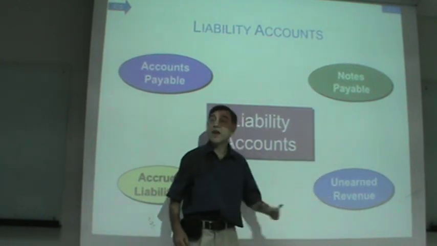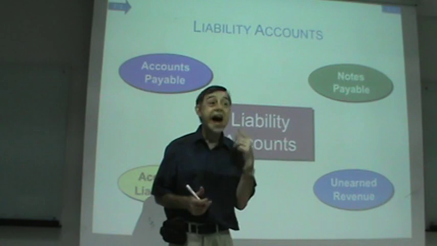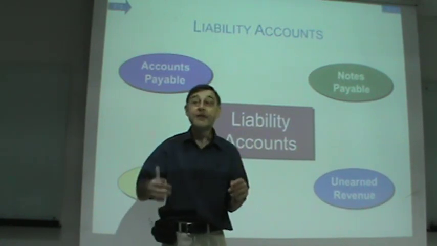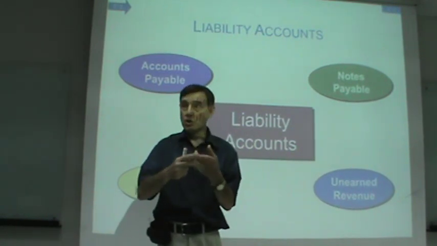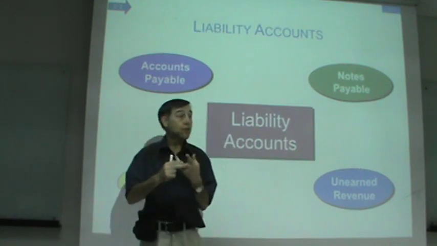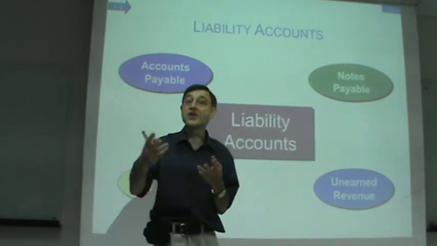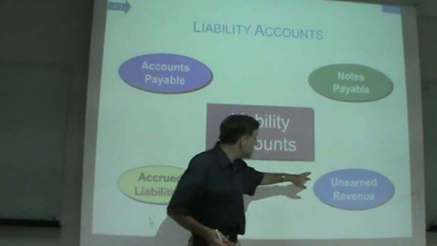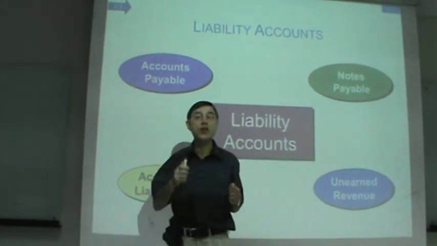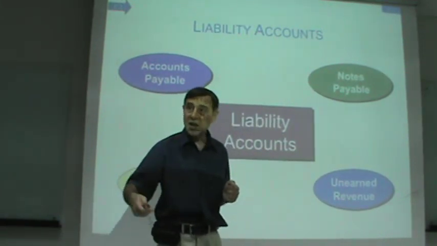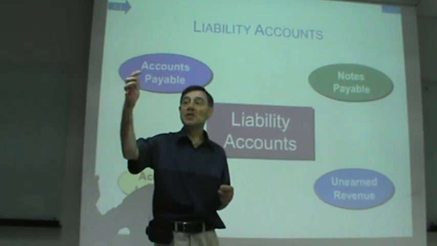And unearned revenue is earned in two ways. Either with time, because you use insurance for health or for car, or because you use rent. Or unearned revenue is when you pay money before you receive the good.